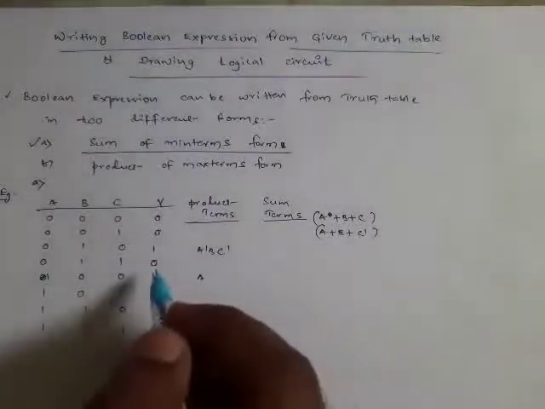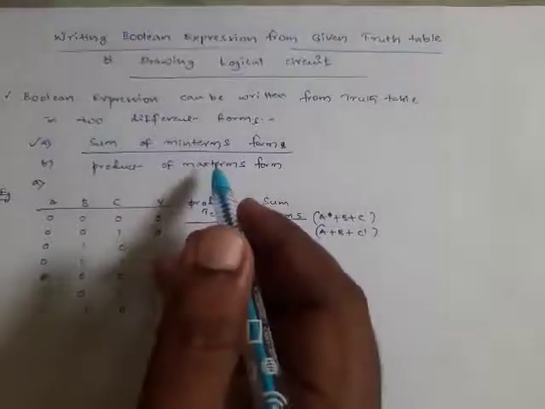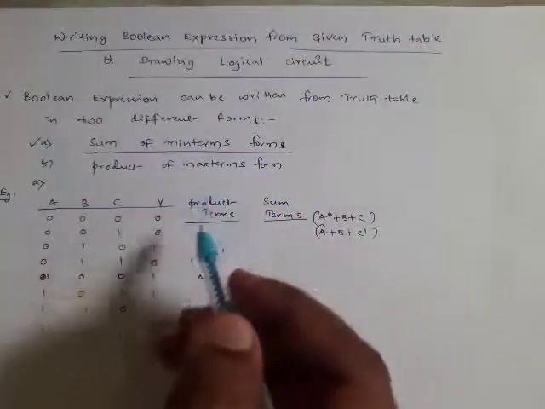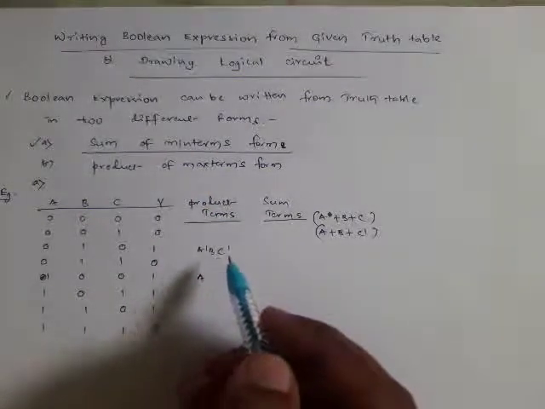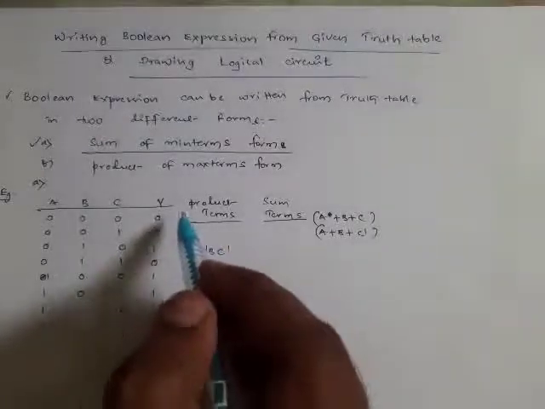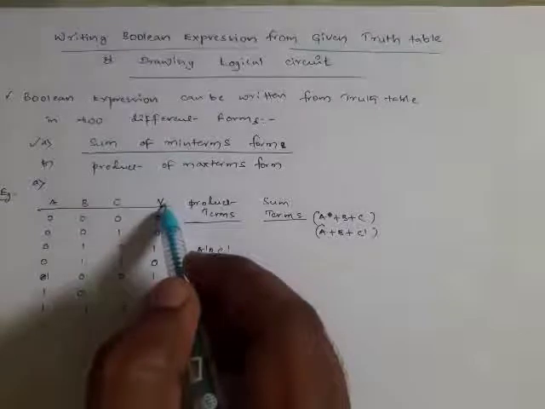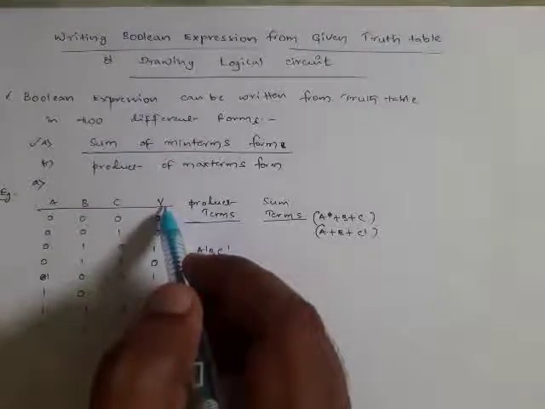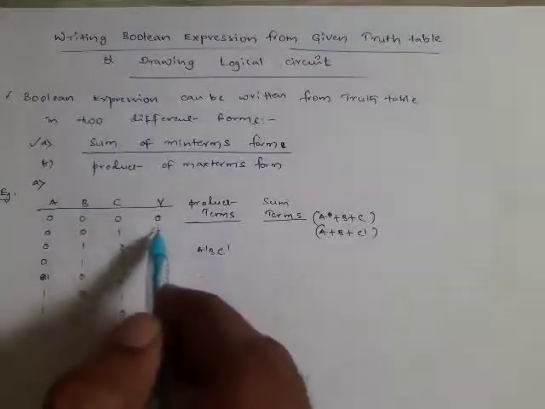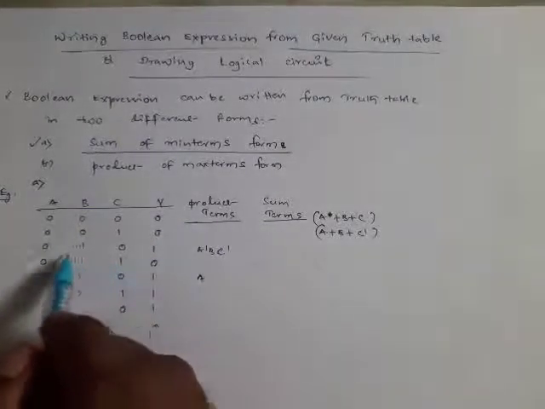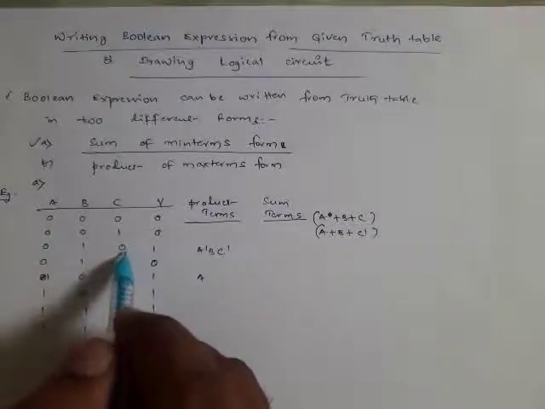First we will try how to write the Boolean expression in sum of minterms form, sum of product terms form. For that, what we have to do is observe the function. The function is becoming 0 for certain combinations of inputs, and the function is becoming 1 for the other combinations of inputs.